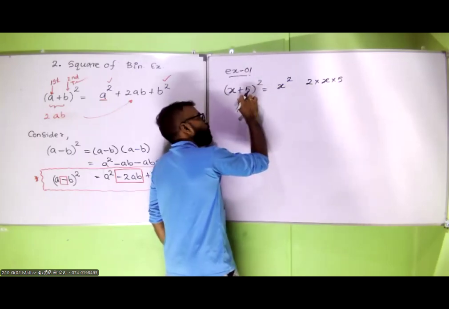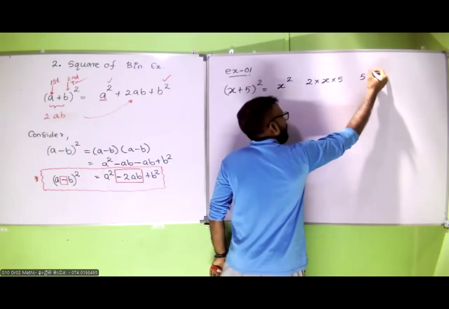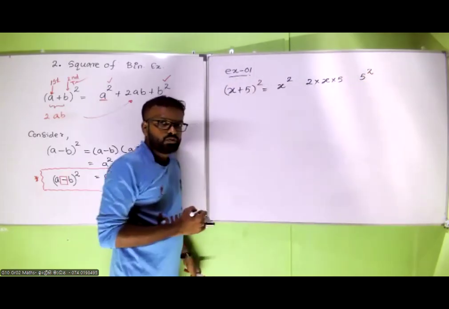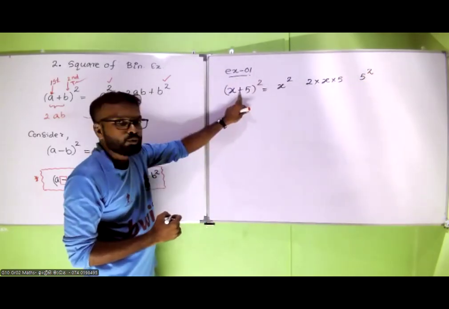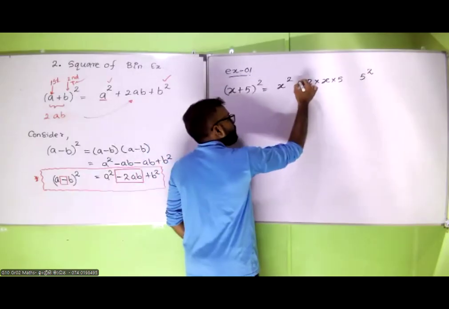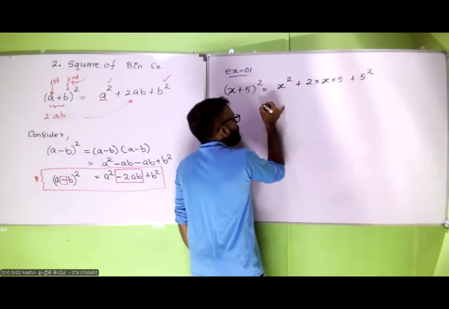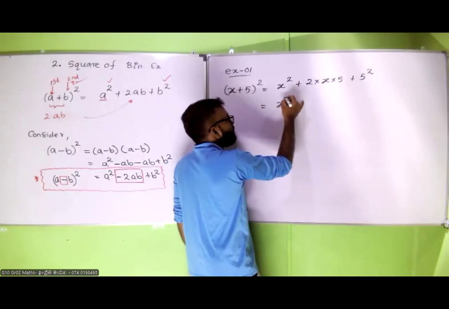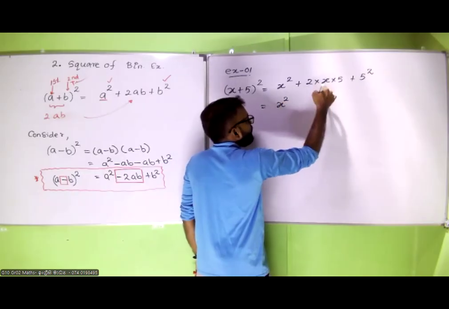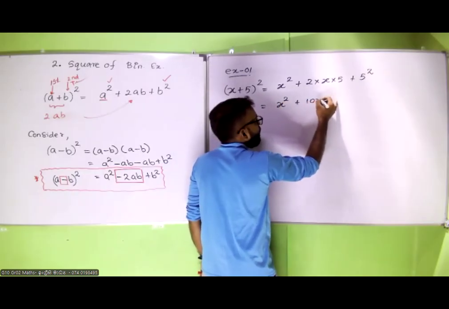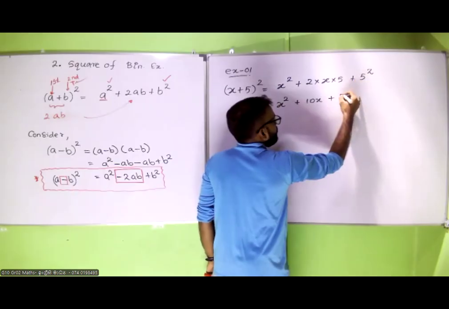Last term? 5 square. This is positive, right? Positive whole. Simplify: x square, 2 times 5 is 10, 10x plus 25.